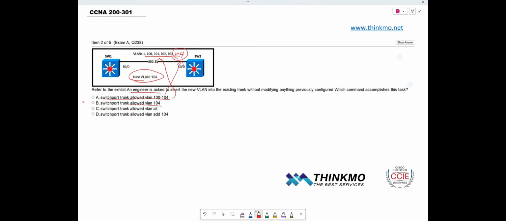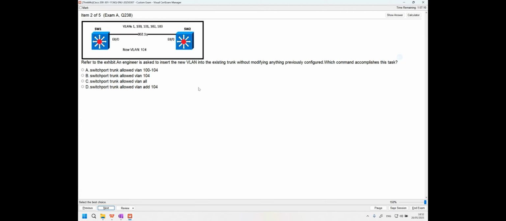And now we need to add 104 after the original 100, 101, 102, and 103. We only want to add it, so we use add here, which means to increase. So the correct answer to this question is D. Let's look at the correct answer, it is D.